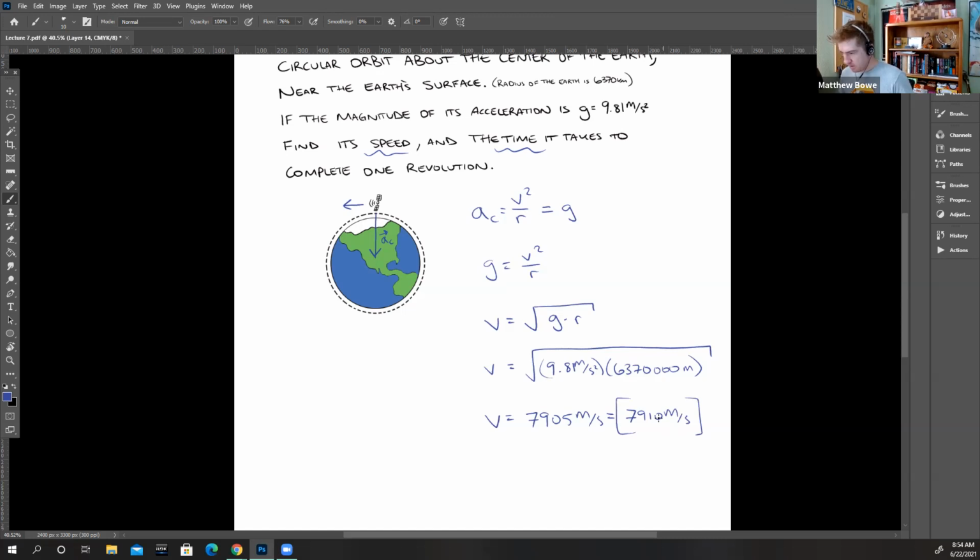Next up is the period of the satellite. See if I could fit it on the page at the bottom. So we have the period is 2 pi r over the velocity. And at this point, we know all the values, and we also have just found the velocity. So it should be straightforward, just putting these into a calculator.